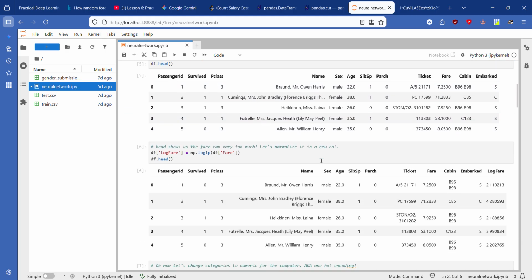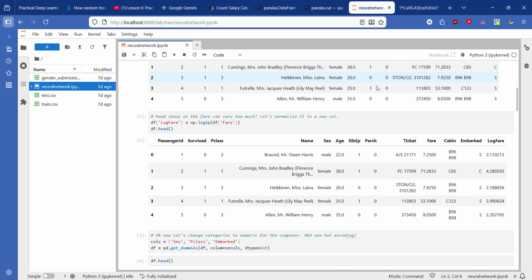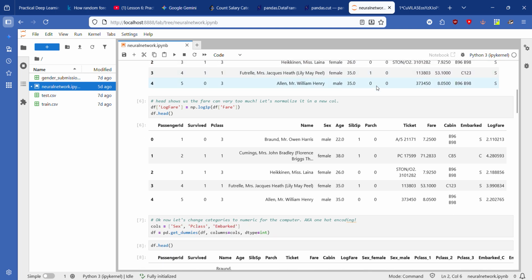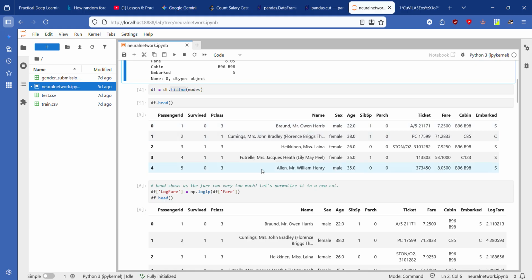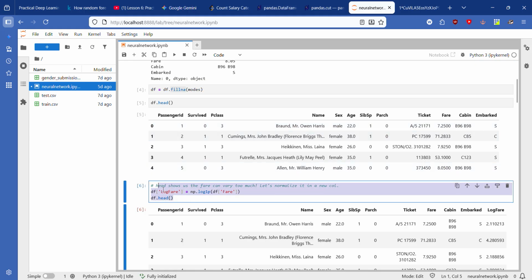So anyways, I already showed you guys, but this is the data we see. So I noted here that we have to normalize the data a bit. If you look particularly at the fare, this number is quite a bit higher than the other numeric columns.